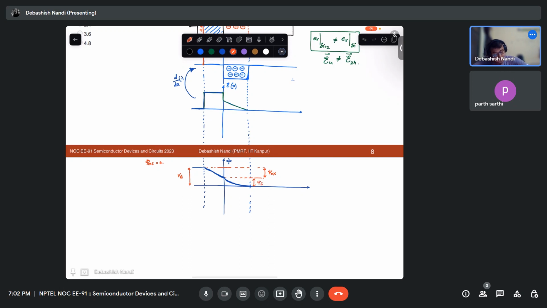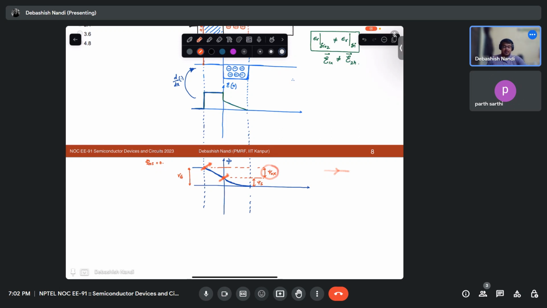Psi s. Yes, sir. So you are understanding, right? How am I telling that it is a drop in this region? Drop means from this point to this point, if I move along the right hand side direction, my potential is dropping. So that is why I am telling that in oxide my potential drop is this.